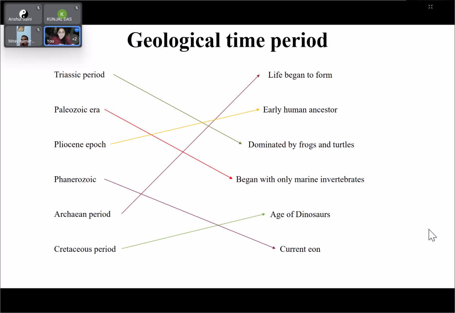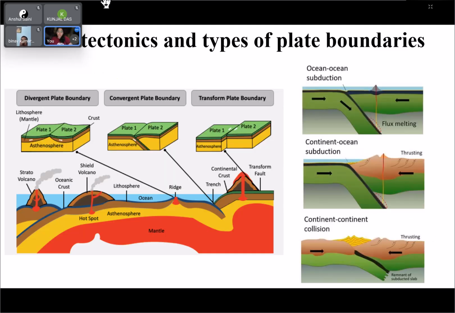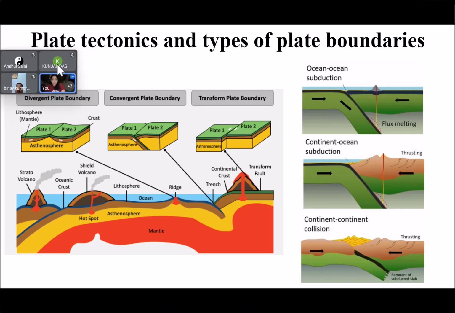Right. So that's about geological time period. Okay. Now, this is important. This topic is very important when you look into the second module. This talks about the plate boundaries and the continental drift theory. So when you are doing about Earth evolution, this is very important.